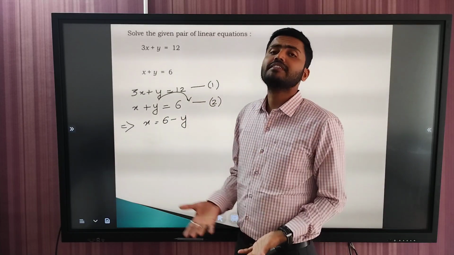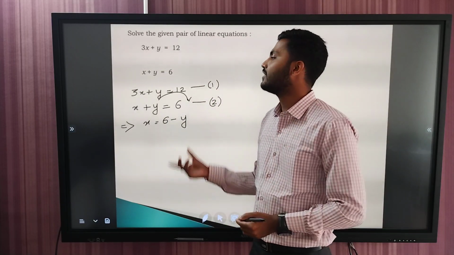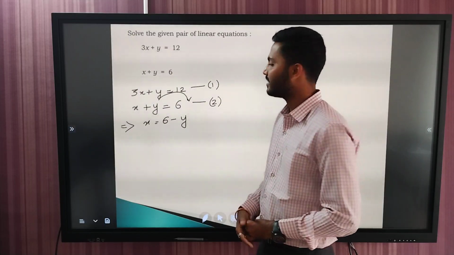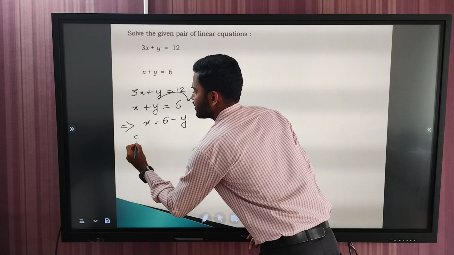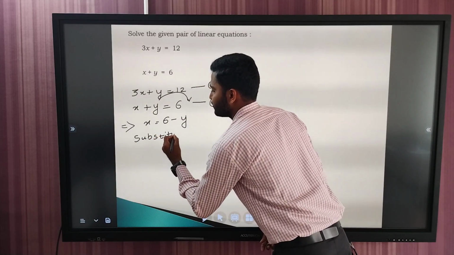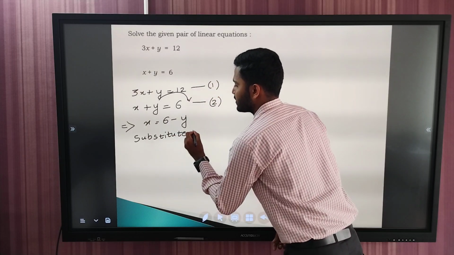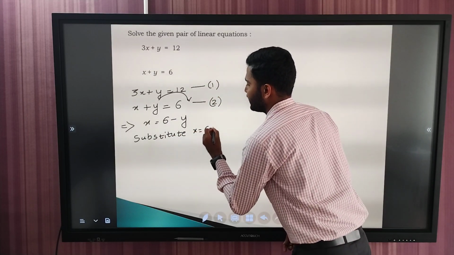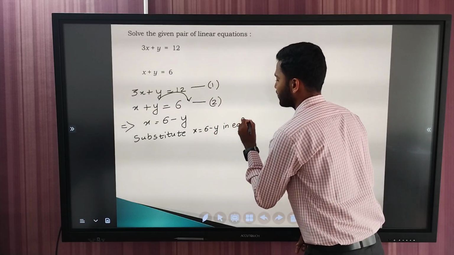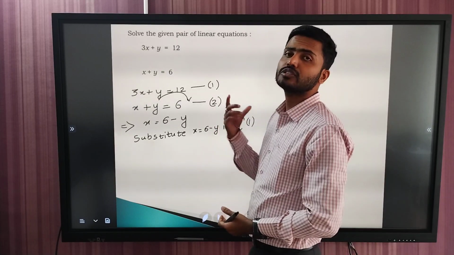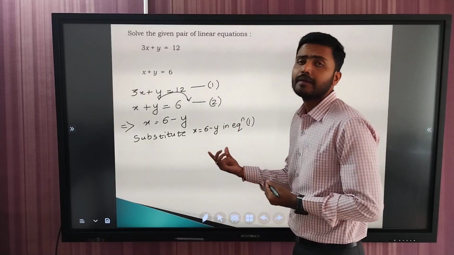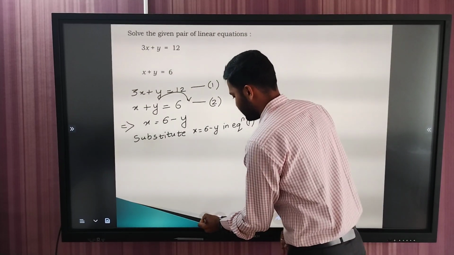Now that we've understood the value of x, let us put this value of x in equation number 1. Substitute x is equal to 6 minus y in equation 1.